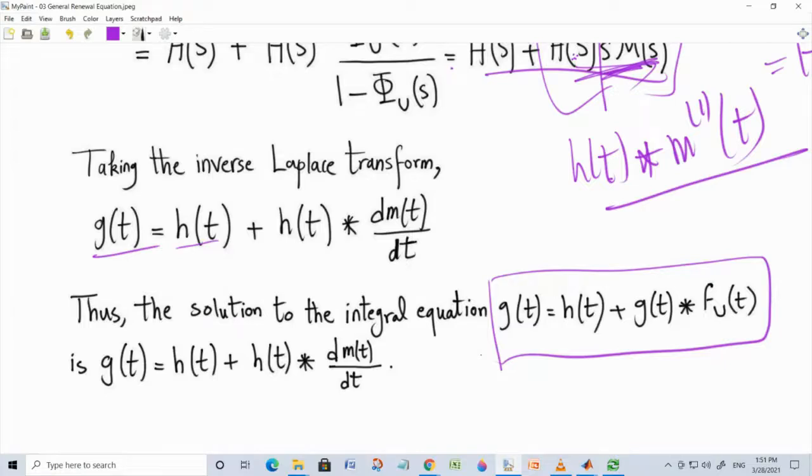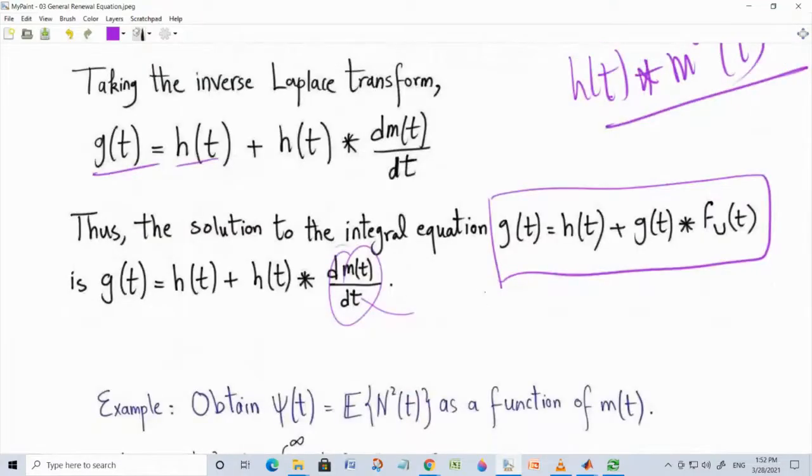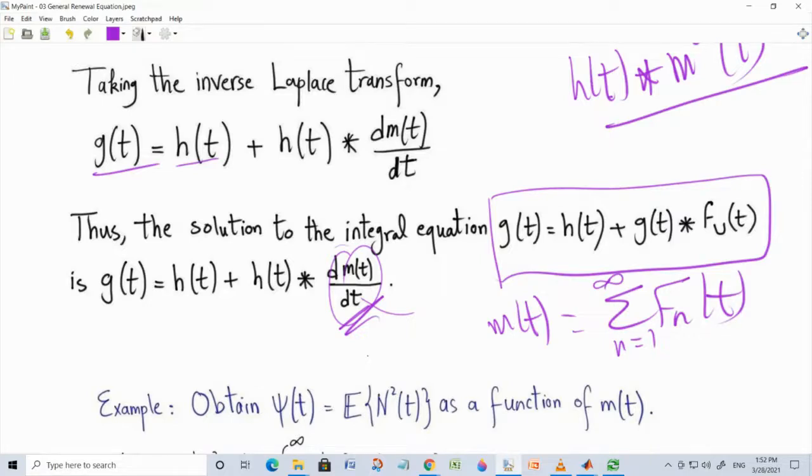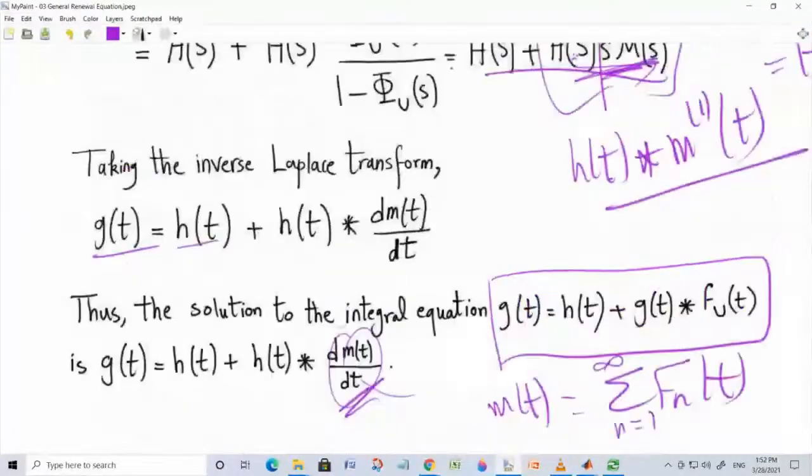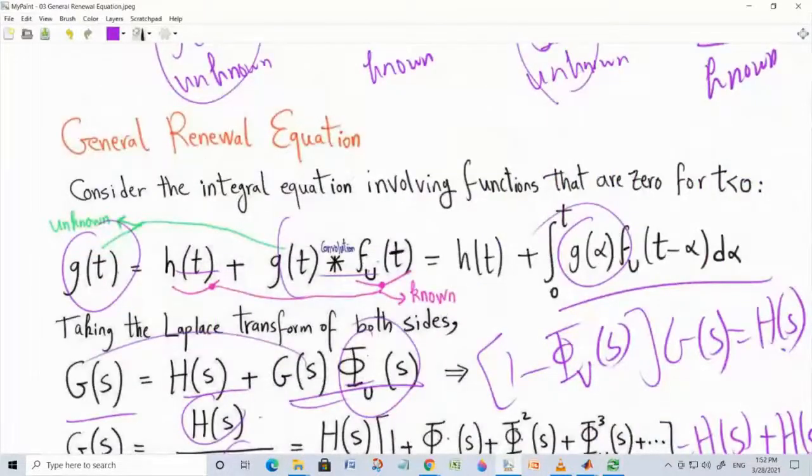Basically g of t can be expressed in terms of h of t, which is this known function, plus h of t itself convolved with the first derivative of the renewal function, dm of t by dt, where remember that m of t itself is a complicated thing related to the CDFs like this. It's a very complicated thing, but I think in the homework you will start playing with this and obtaining m of t and so on.